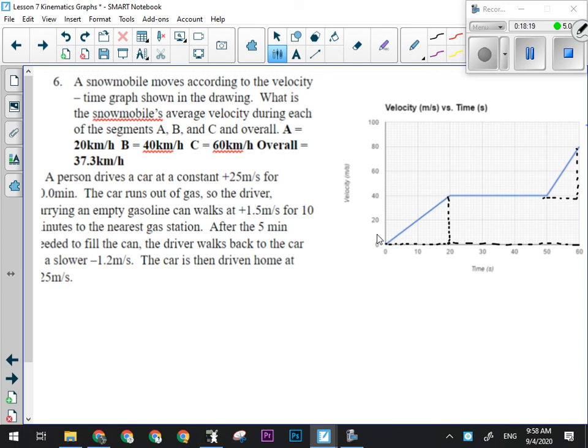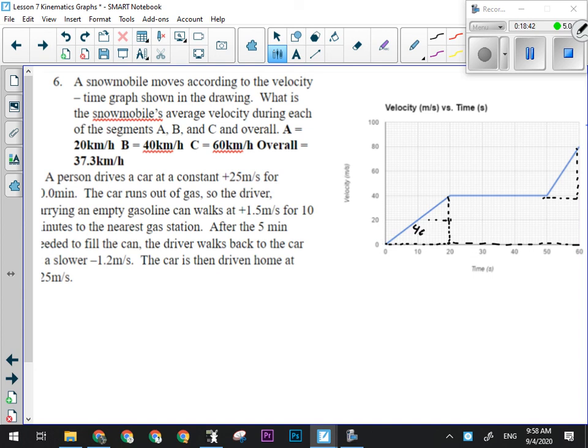So I've got this first triangle where the object is accelerating, and we already established that its average velocity was 20 kilometers per hour during that first 20 hours. So we're going to have base times height over 2, so it'll be 40 over 2, which is 20, times 20.